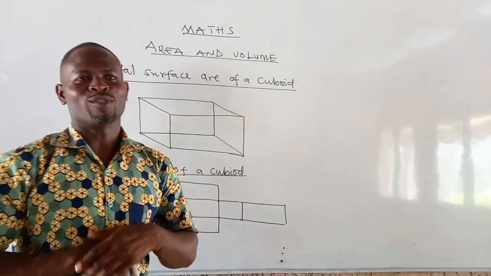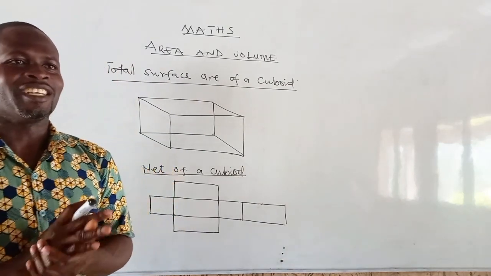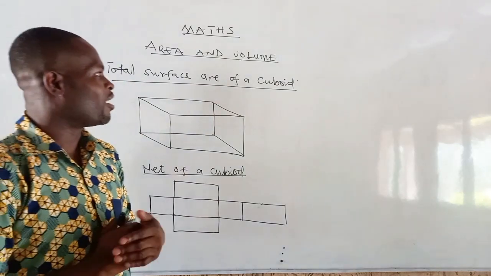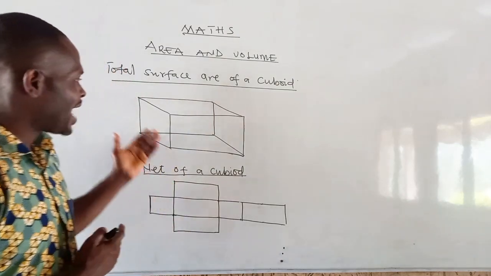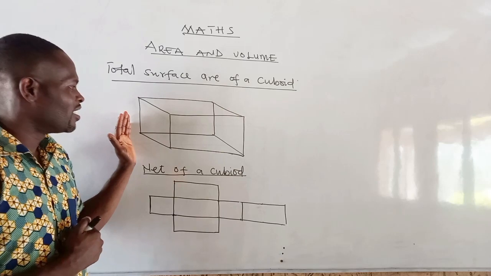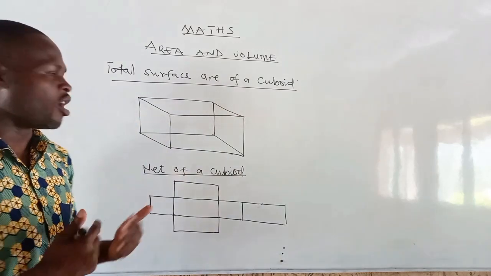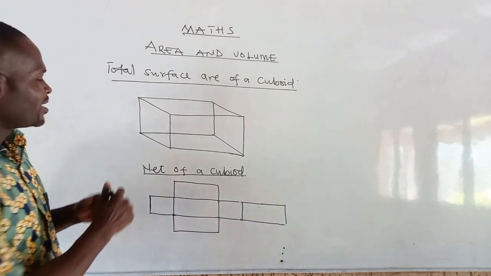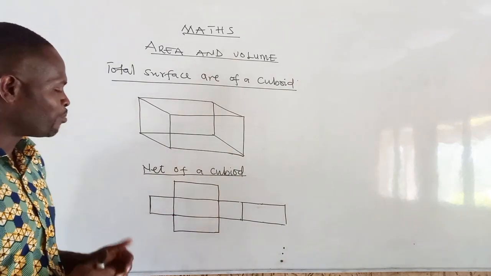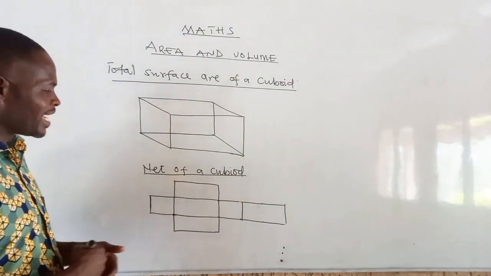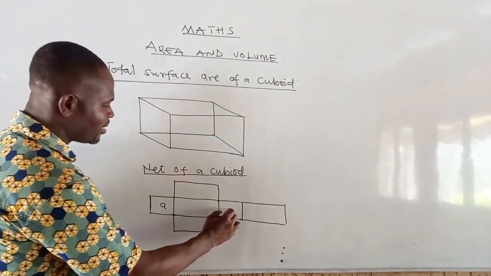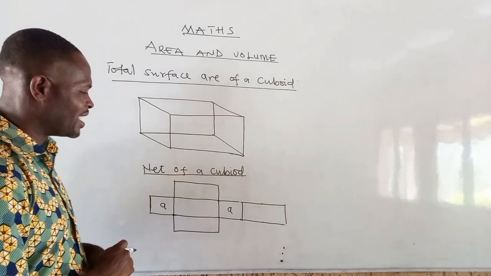I welcome you once again to Menalize TV, and today we are looking at the total surface area of a cuboid. Now the diagram that we have here is a cuboid or rectangular prism, and this is the net of the rectangular prism. When you look at this net, we can say that this place and this one are the same.